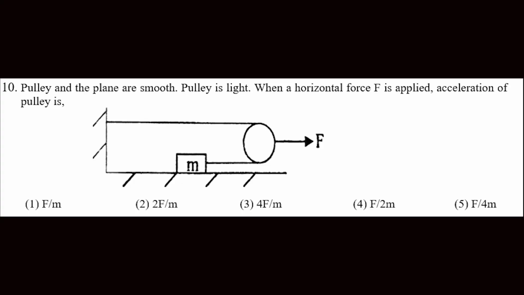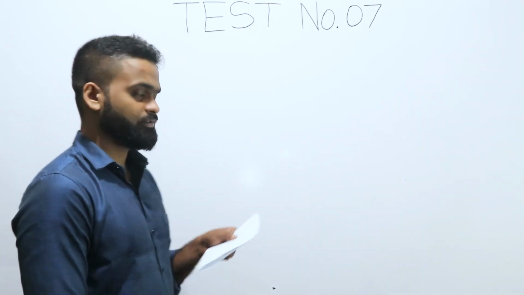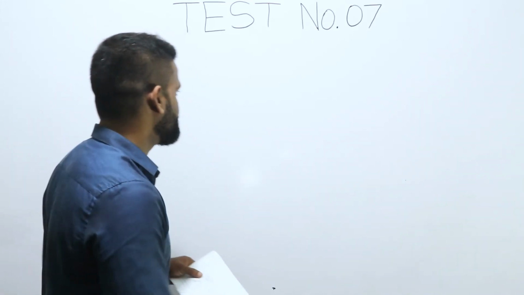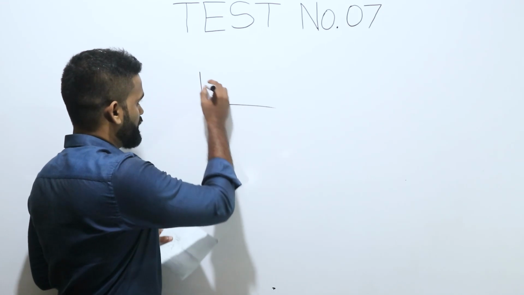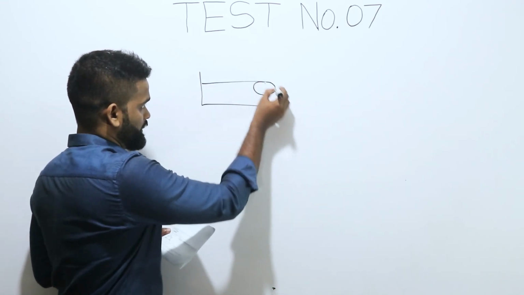10th. The pulley and the plane are smooth. The pulley is light. When a horizontal force F is applied, the acceleration of the pulley is? So they have given an image. There's a pulley here.